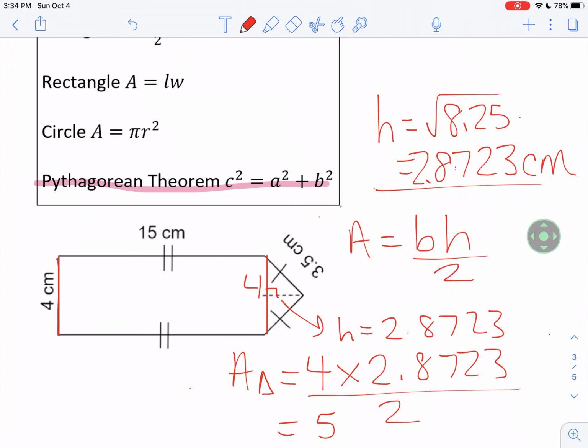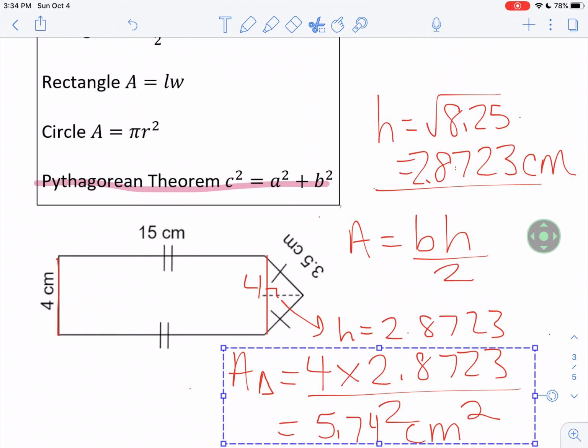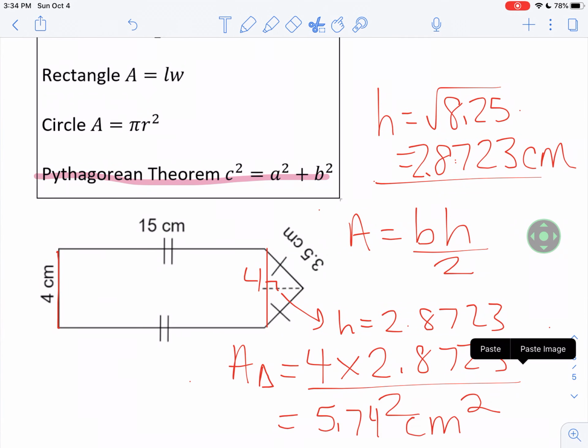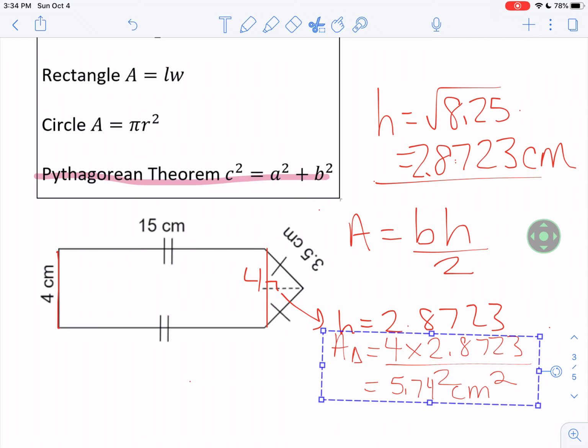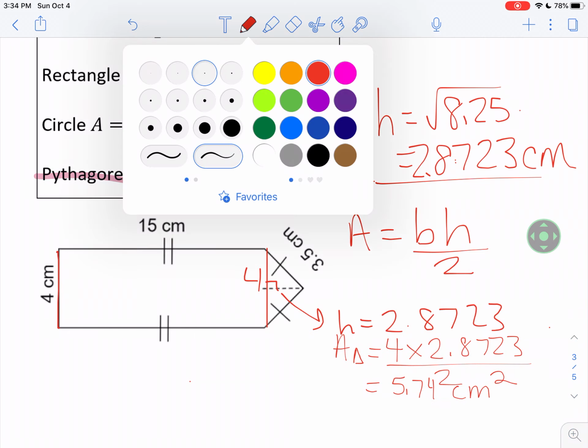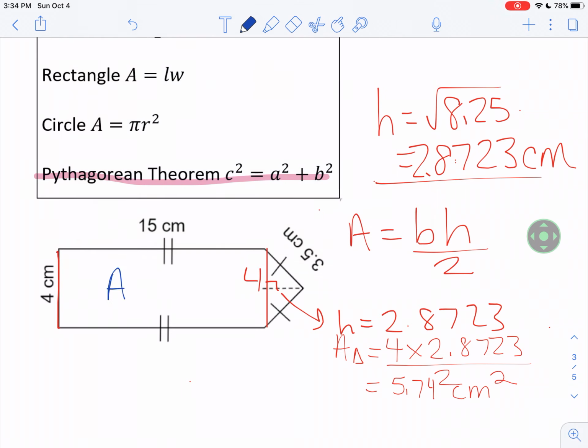So 5.74 centimeters squared is the area of the triangle. And we can make that a little bit smaller now to give ourselves a little bit more room. There we go. Okay.